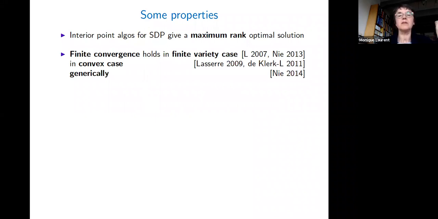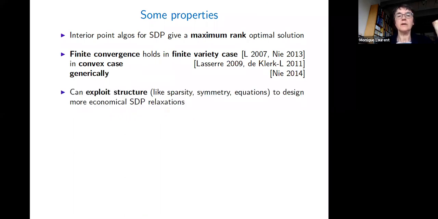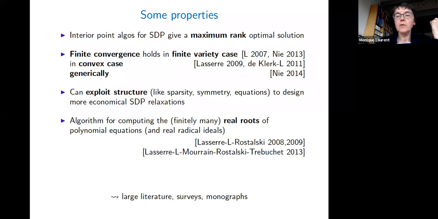So it holds in particular generically. One can exploit structure in order to speed up the hierarchies: sparsity, symmetry, presence of equations. And the method can also be adapted to find real roots of polynomial equations. So this is a huge topic. It's a large literature, surveys, monographs, and I will give you a few references at the end.